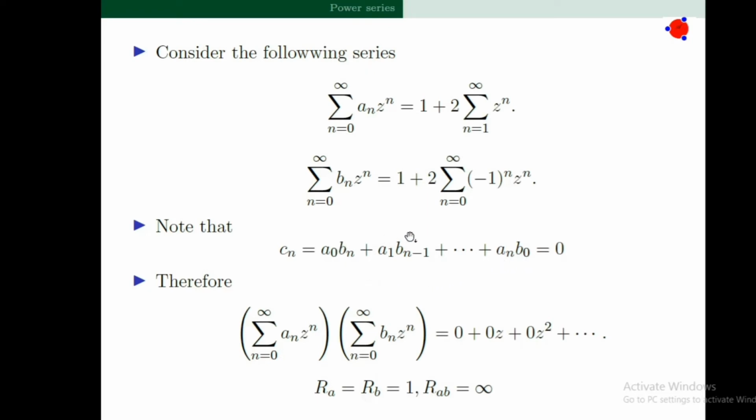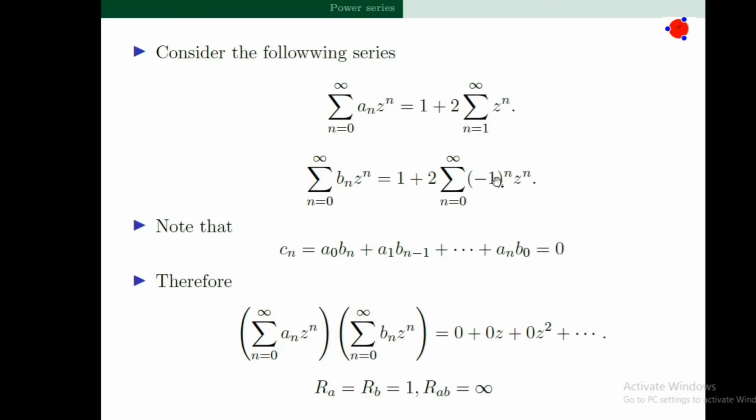We can easily verify that c_n is equal to 0 for all n. Therefore the Cauchy product of these two power series is equal to 0 plus 0 into z plus 0 into z squared plus etc.